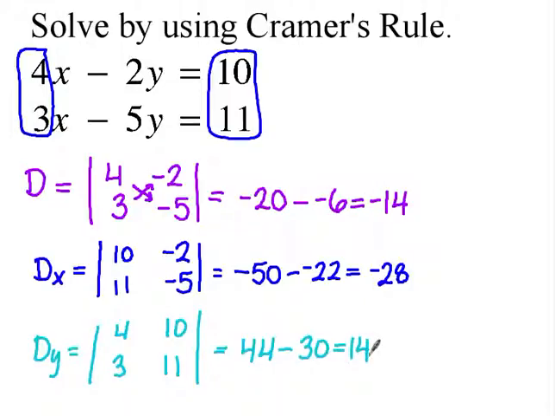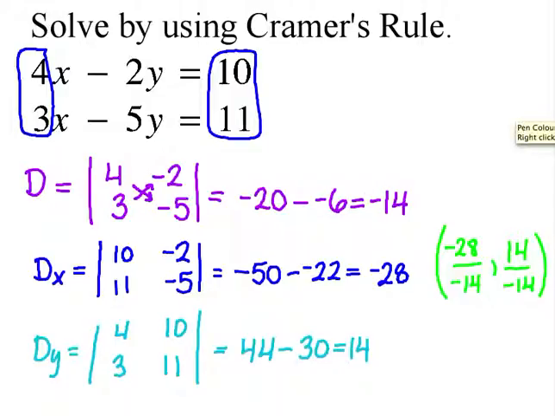So see, it was almost faster for us to do those by hand in a 2 by 2. Okay, so now in order to find my solution, I'm going to take Dx divided by D. That's my first answer. That's my x-coordinate. And then my y-coordinate will be Dy over D. And if you notice, they all come out nice and neat. What is my ordered pair going to be?